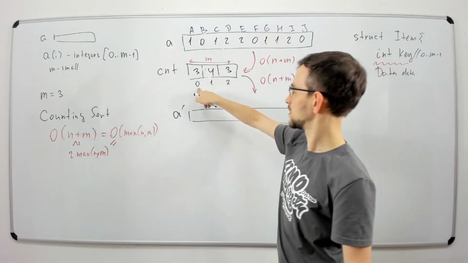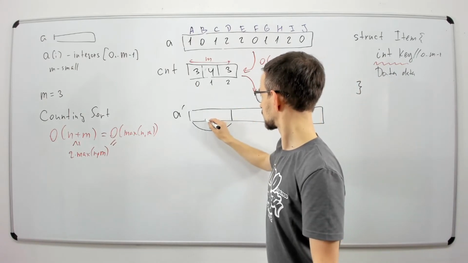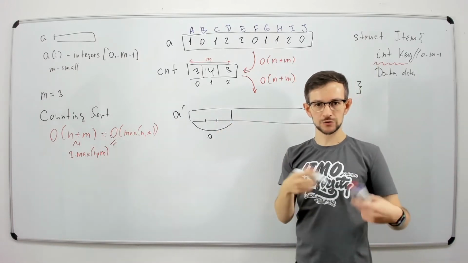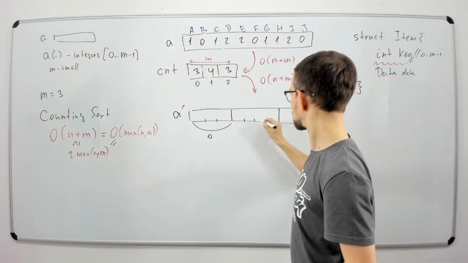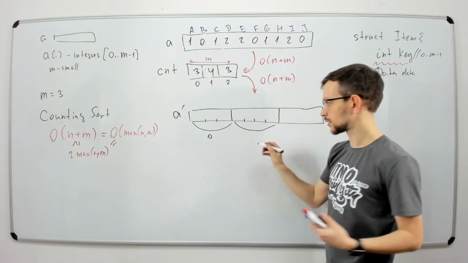So we have the first segment of size 3. So here we will put all elements of key equal to 0. Now we have the second segment of size 4, and here we will put all elements of key equal to 1.